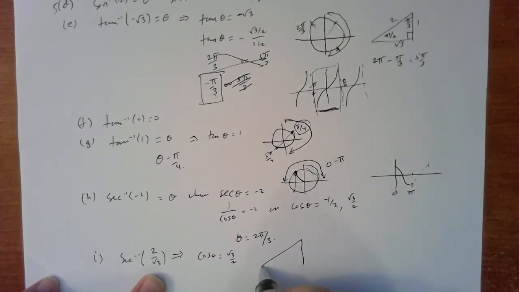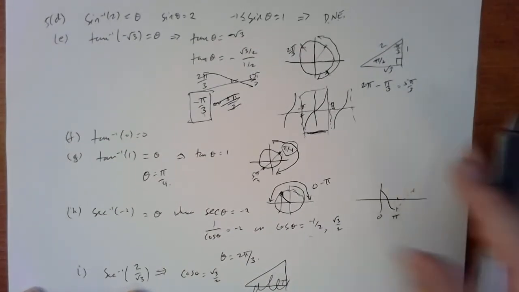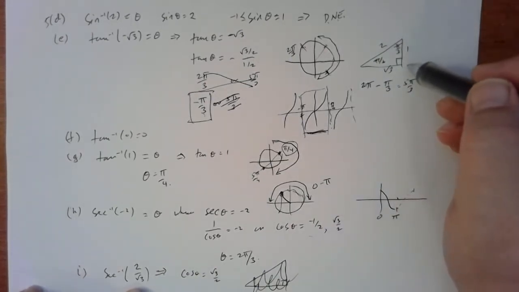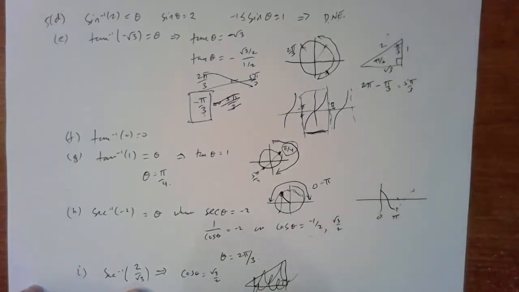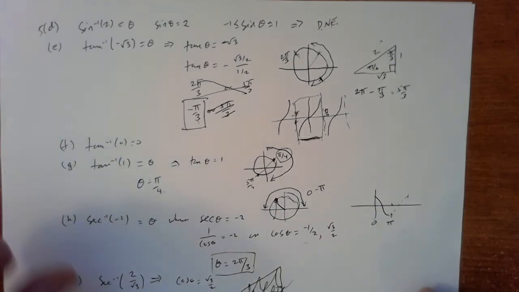If you just want to use the circle or the triangle, where's the cosine equal to the square root of 3 over 2? Theta is pi over 6. And again, in this case, we only have one answer, right? Very good. Okay, we finished off number 5 now.